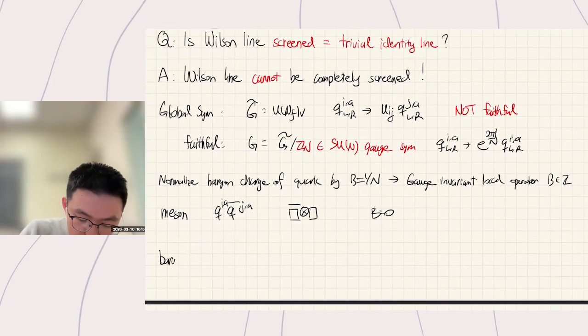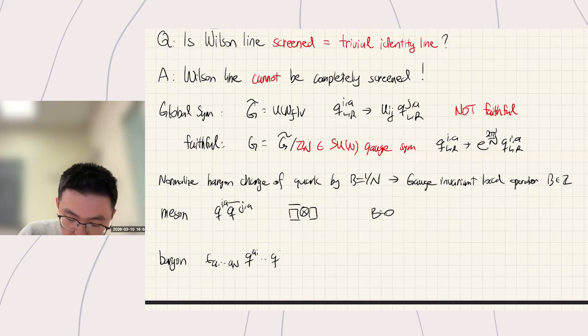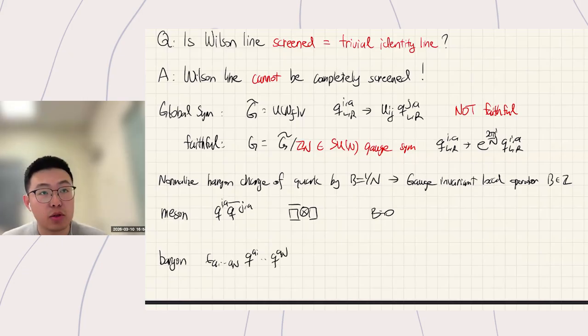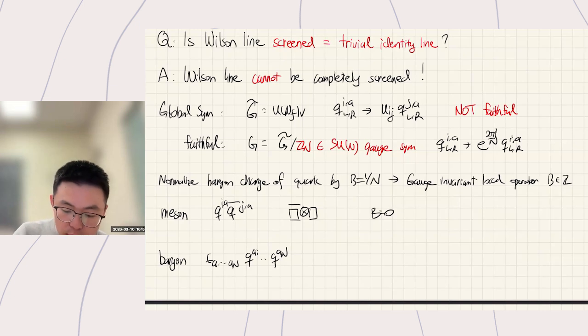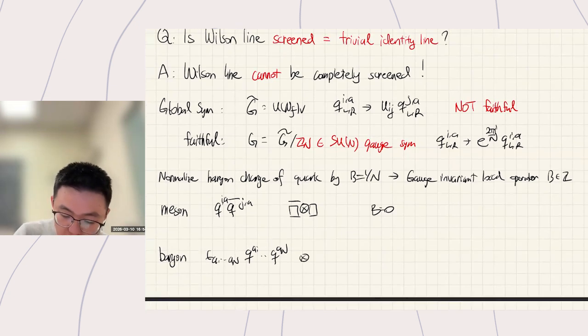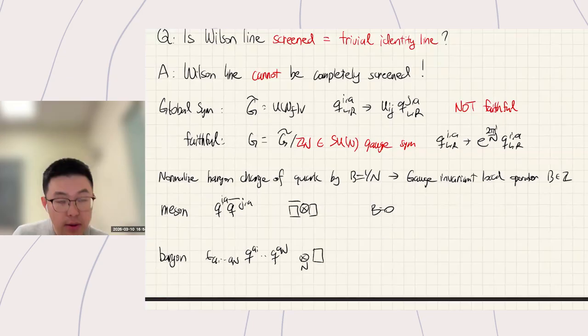A baryon is made of n quarks contracted by the epsilon tensor to make it gauge invariant. So it is in a representation that is the tensor product of n fundamentals of U(NF), and it has baryon charge 1.